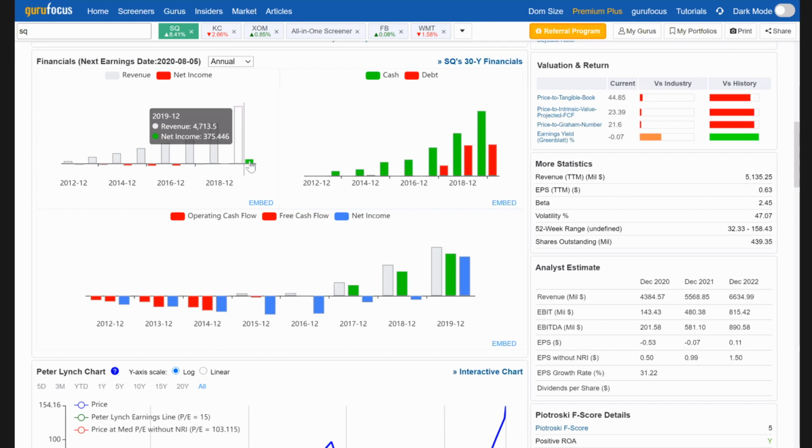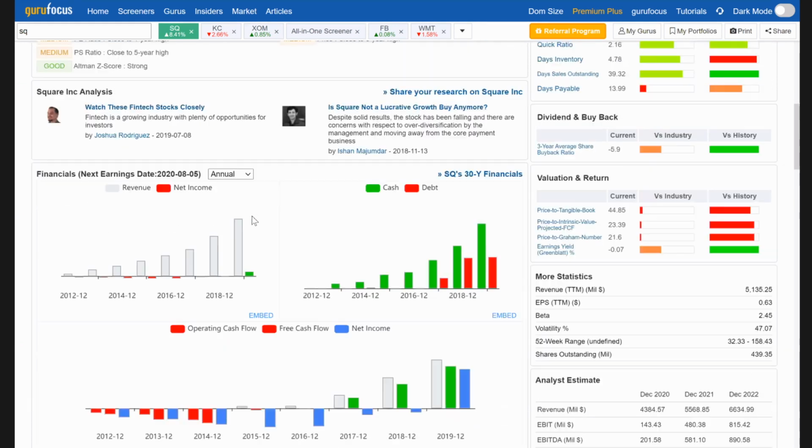Now it's making a profit. So for these startup companies, I think that's a sign you want to look for. At least the revenue is growing quickly. The company doesn't have a lot of debt. In the case of Square, the company cash is more than debt. That's a good thing. And also the loss is narrowing. That's a very important sign, I think.